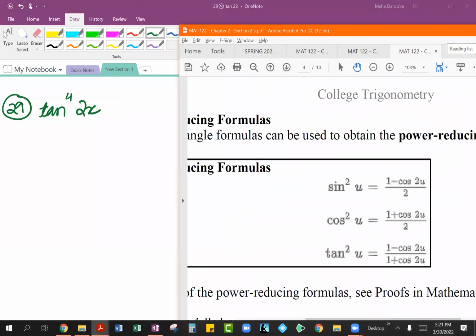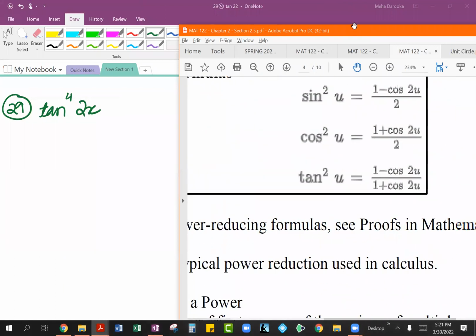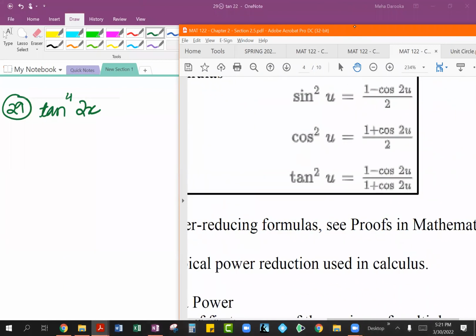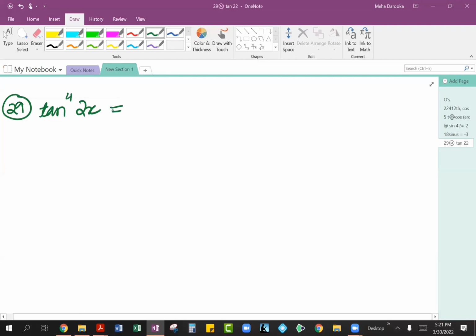You can see the power reducing formula actually works with tangent to the 2nd power, right? So that's what we're going to break this down into. We are actually going to rewrite this as tangent to the 2nd power of 2x, and then the square on the outside.